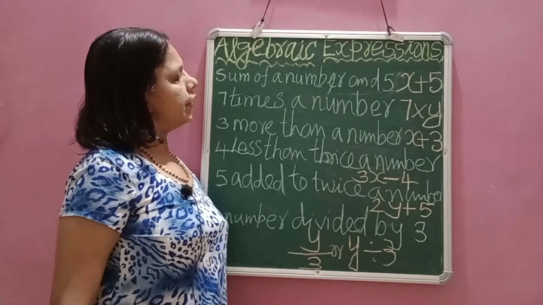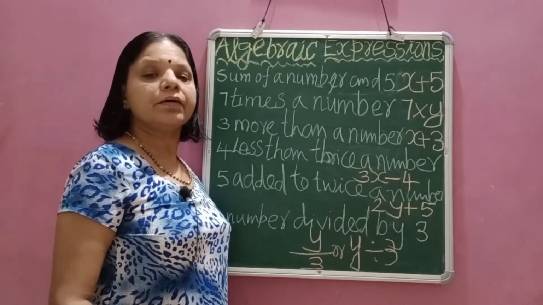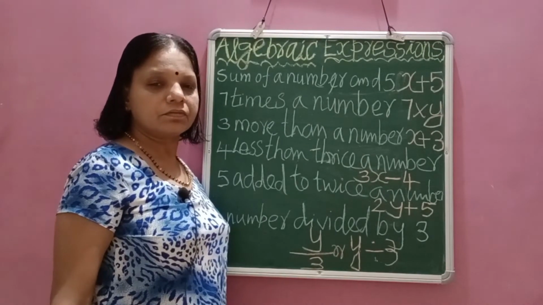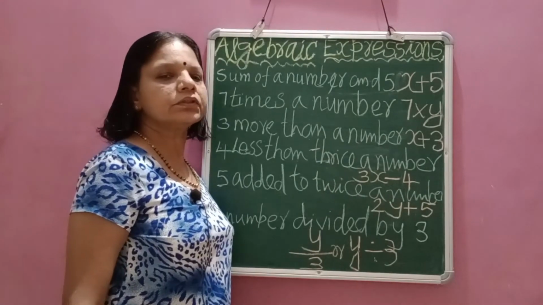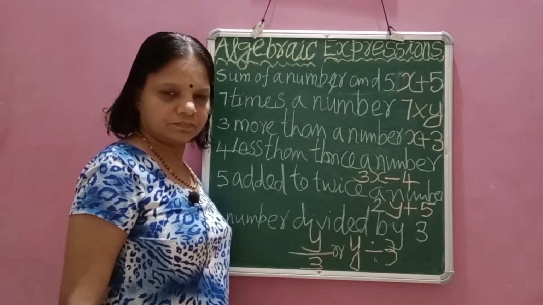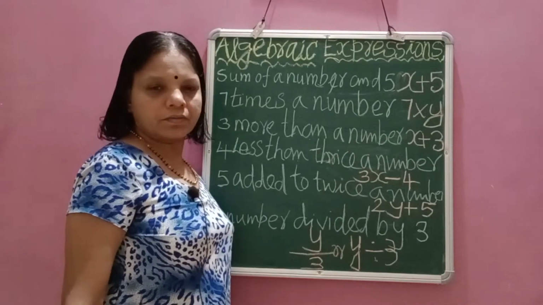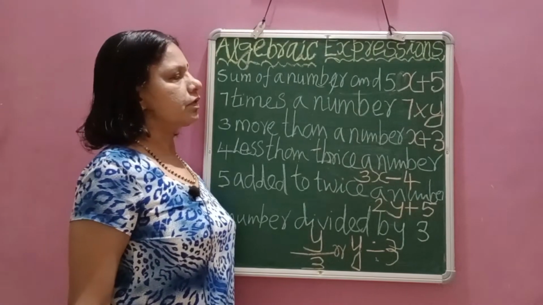Sum of a number and 5. A number, which number we do not know. So for that we can use any alphabet. I used x here. That unknown number is x. And the other number is given, that is 5.